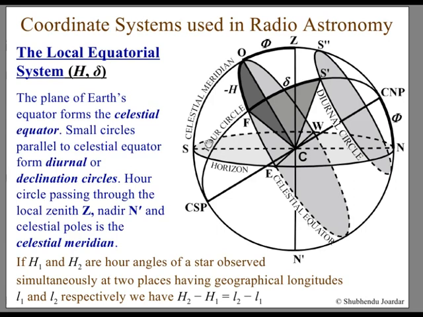This is the local plane, which is parallel to the ground, and you have east, west, north and south on it. Whereas our axis of rotation, the North Pole and South Pole, may be along this direction. When we extend this, it will hit the celestial sphere at 2 points. One is the celestial North Pole, one is the celestial South Pole.